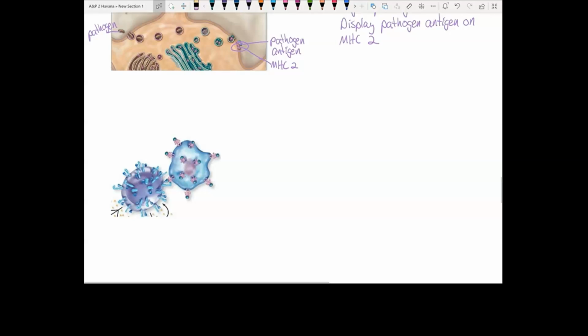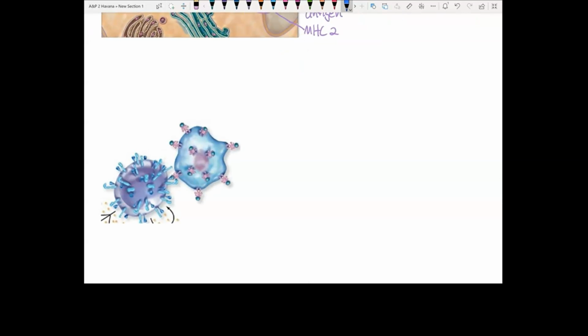So let's look at what's happening here. Here is our helper T. And here is our antigen presenting cell. The antigen presenting cell has pathogen antigen on MHC2.